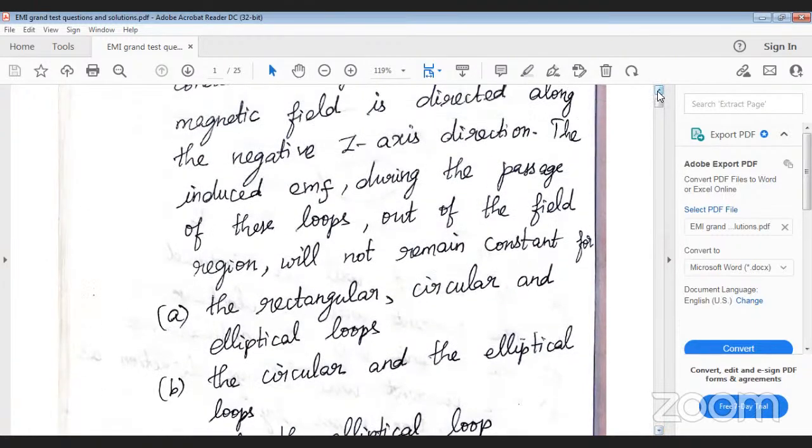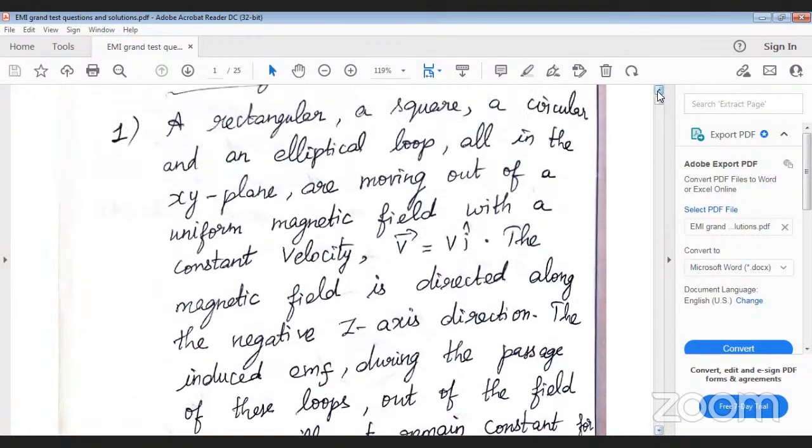So what they are telling is they are having loops of different shapes here: a rectangular, a square, a circular, and an elliptical loop, all in the xy plane. They are moving out of the uniform magnetic field with a constant velocity vector v equal to v i cap. That means those loops are actually moving along the x-axis.